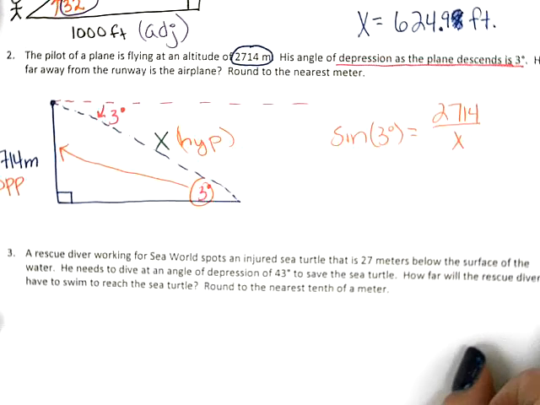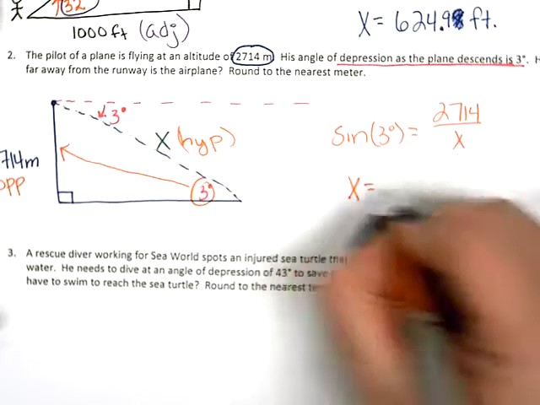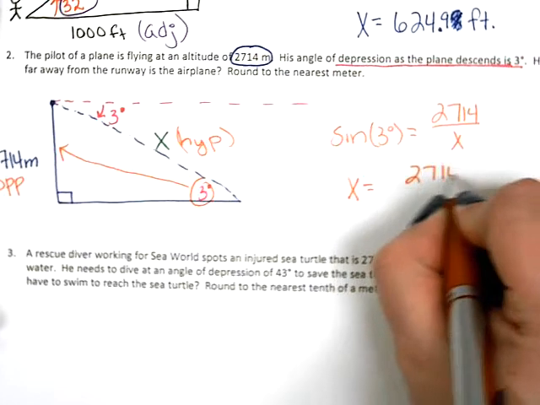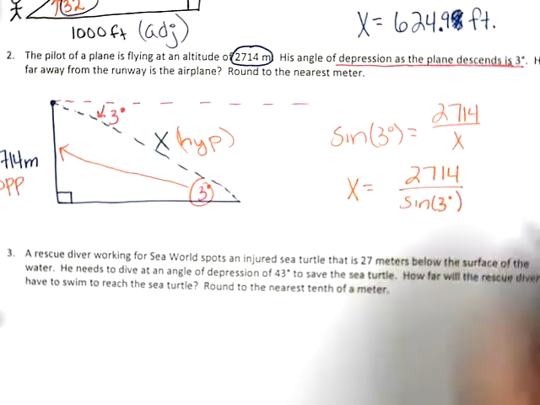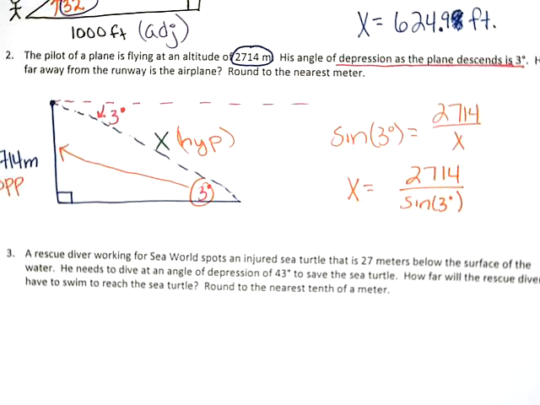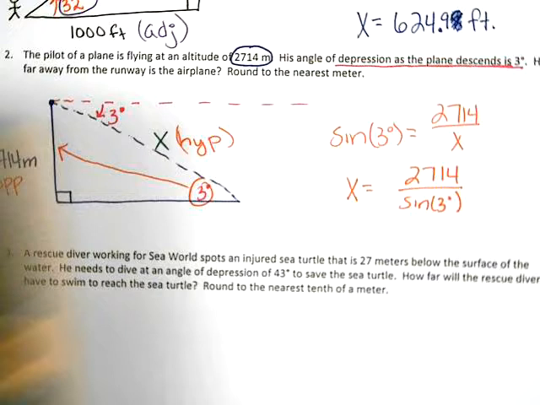And hopefully you guys are okay with solving that too. And I can just jump right to 2714 over the sine of 3 degrees. And I'm going to put that on my calculator. This time I'm going to round to the nearest meter. So I'm going to do the nearest whole number.